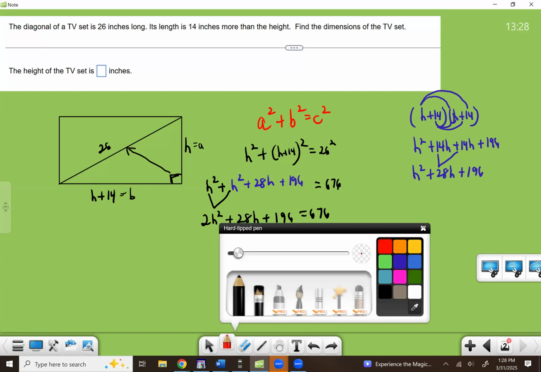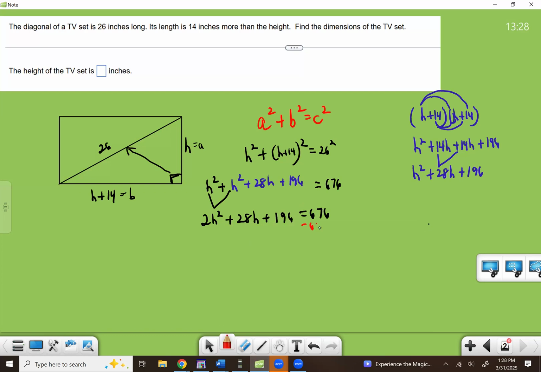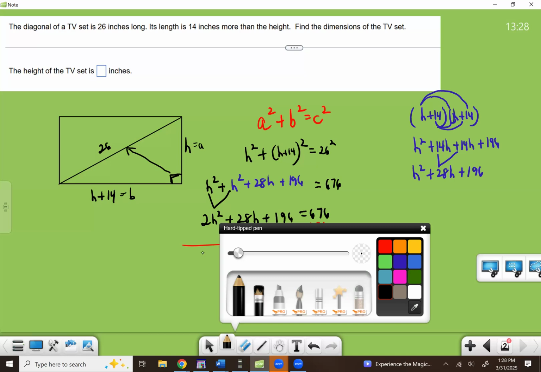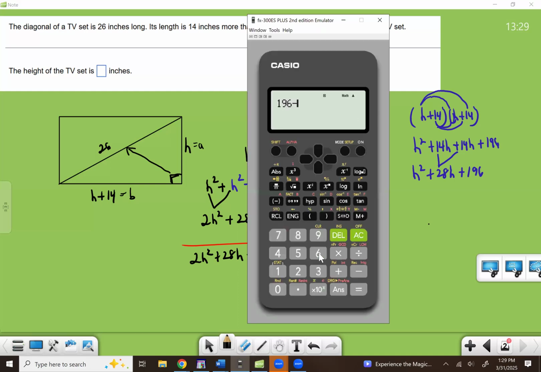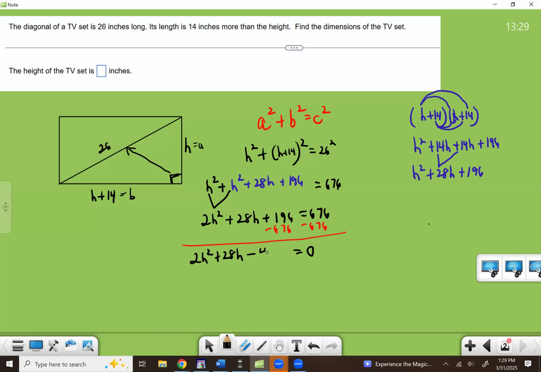So what we're going to do is we're going to subtract this 676 from both sides. So that way we have the equal 0 that we want. It's going to be negative something, and this is a 0. So 196 minus 676 equals, it looks like it's going to be negative 480.